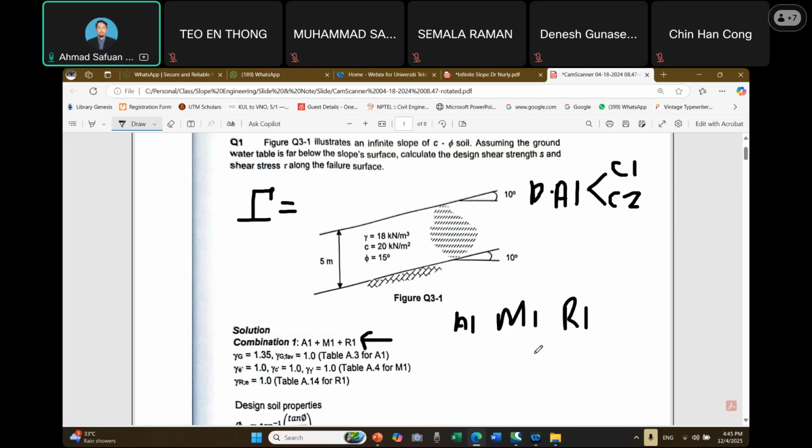For M and R, we need to divide, while for actions, we need to multiply the characteristic value. For example, in this case 18, 20, 15 are considered characteristic. When we apply the partial factor of safety, we call them design parameters.